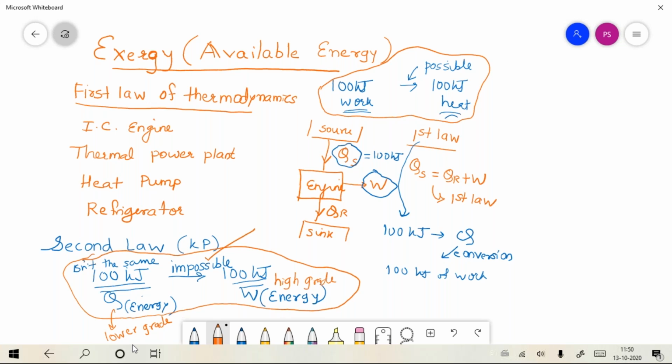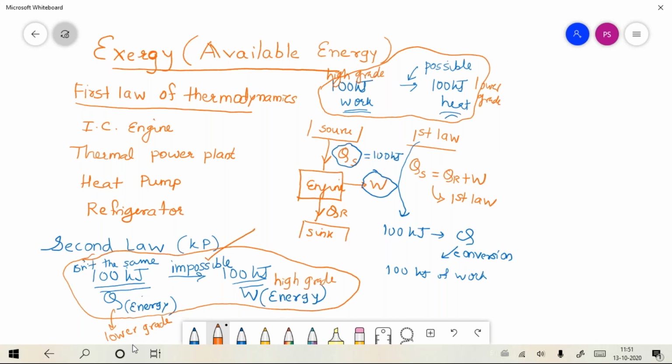Okay, we can conclude that work is a high grade energy and heat is a low grade energy. We can convert the high grade energy to a lower grade energy, but we cannot upgrade the energy. We cannot upgrade the lower grade heat to a higher grade work entirely.